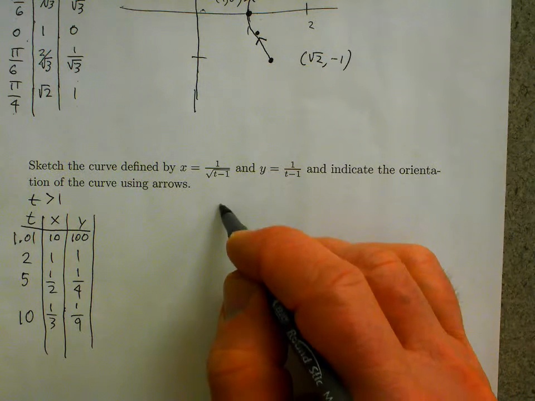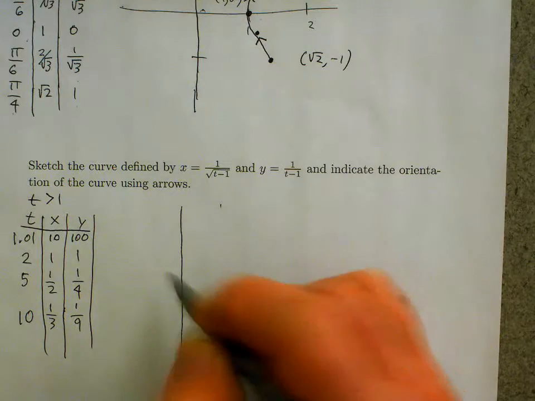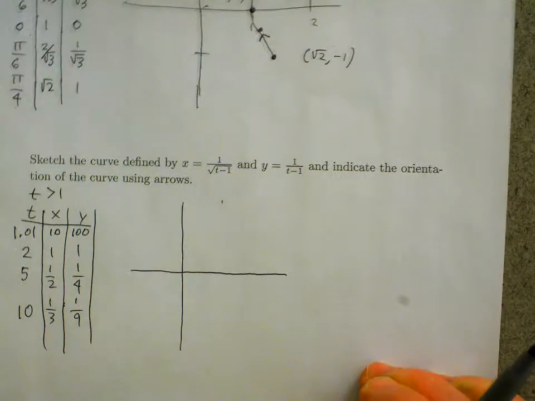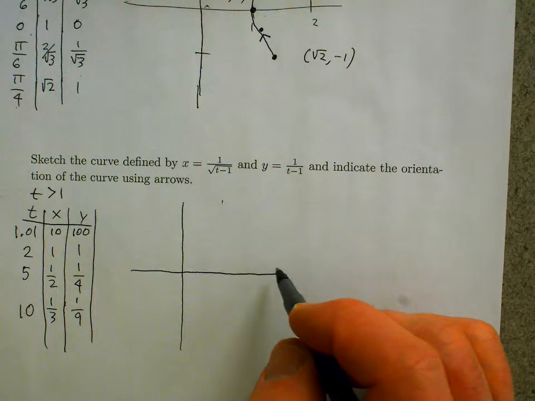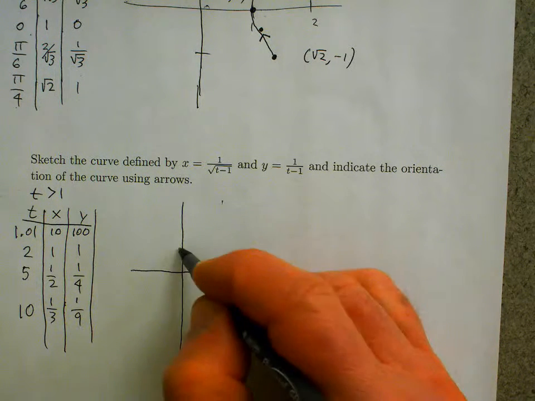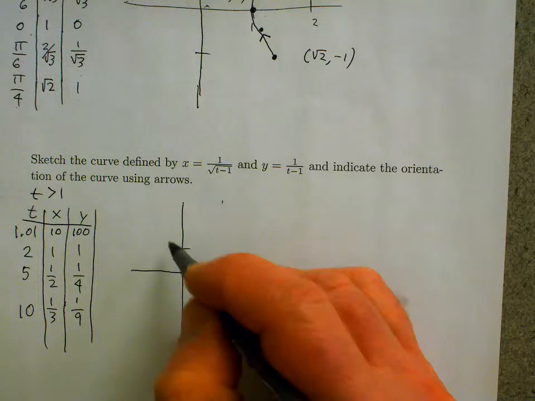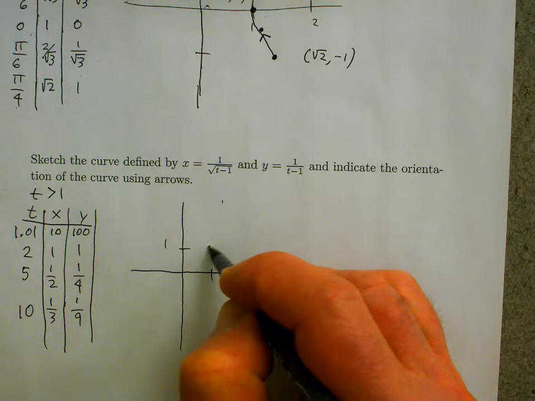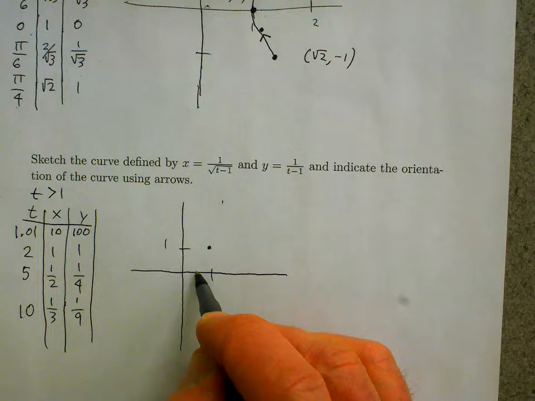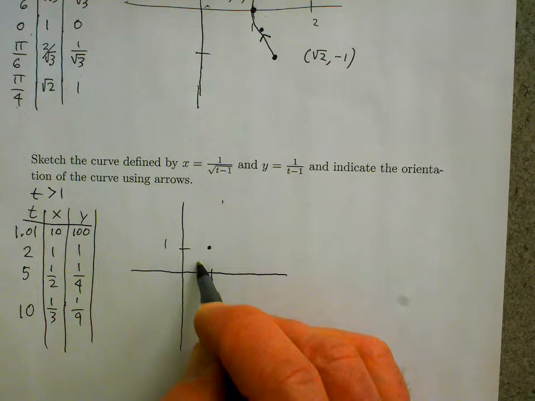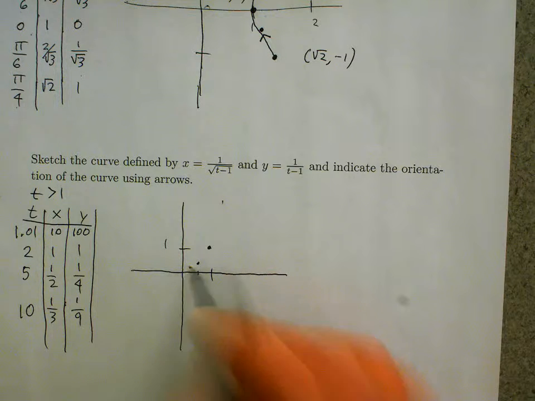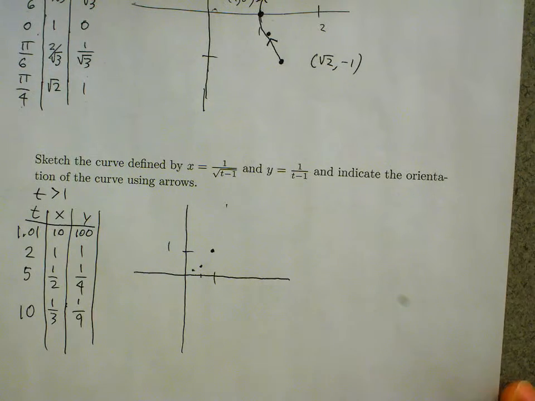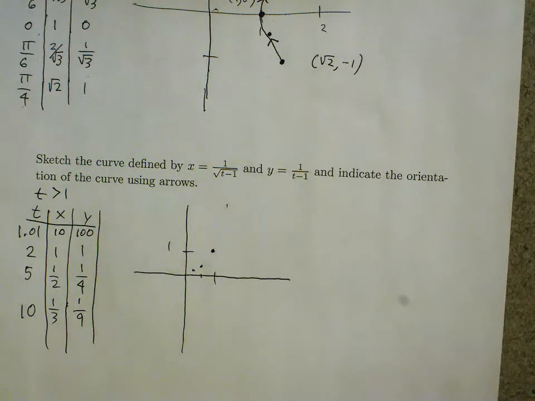Okay, so if we plot these points, 10 over 100 is off the grid, but we do have 1, 1, and then we also have 1/2, 1/4, and 1/3, 1/9. So what's the shape of the curve?